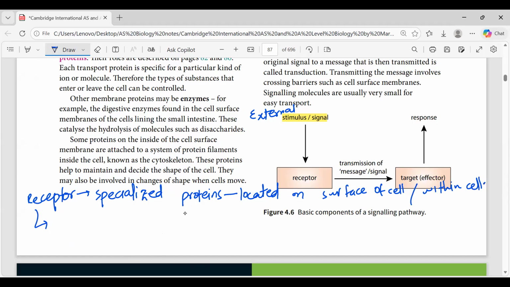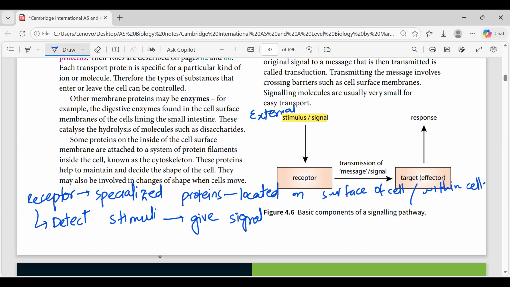And what is their function? They detect the stimuli and then give the signal forward for the function.